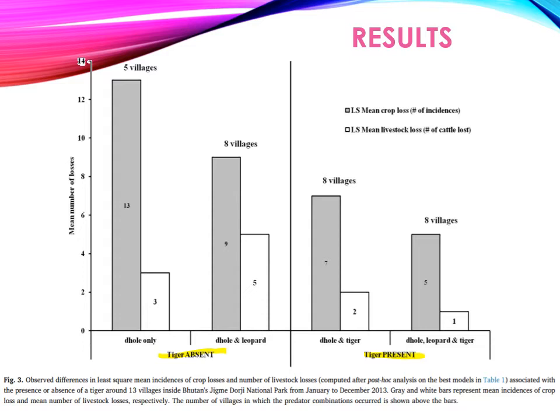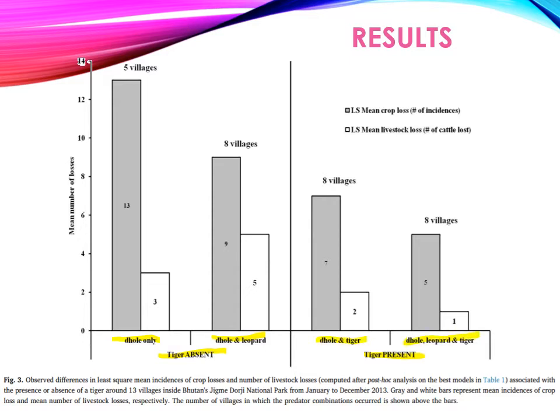They were looking at villages that were inside a national park in India. And we can see where tigers are absent, there were the dholes and the leopards that were preying on livestock. And where there were tigers present, there's dholes and tigers, and dholes, leopards, and tigers.